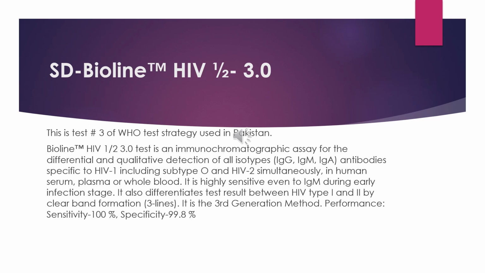SD BioLine HIV 1/2 3.0 is the third test in the WHO strategy. This test is an immunochromatographic assay for the differential and qualitative detection of all isotypes, that is IgG, IgM, and IgA antibodies specific to HIV-1, including subtype O, and HIV-2 simultaneously in human serum, plasma, or whole blood.